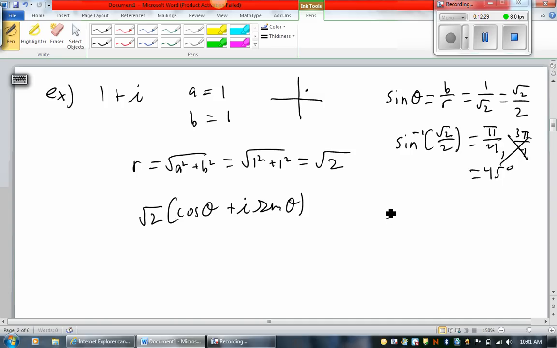So same thing for cosine. Cosine theta equals a over r. A is also 1 over radical 2. And I'm just going to jump right down to it. That cosine inverse of radical 2 over 2. Remember, this is radical 2 over 2 when we rationalize.